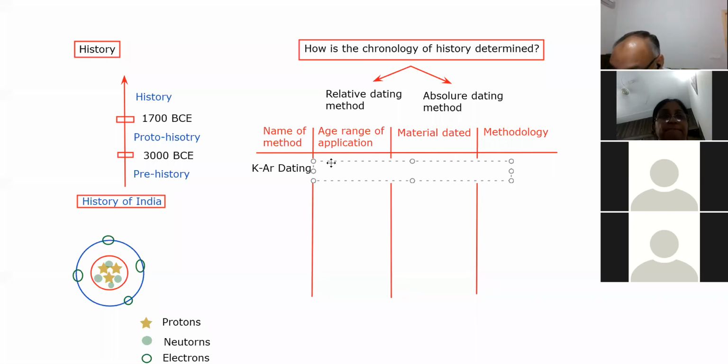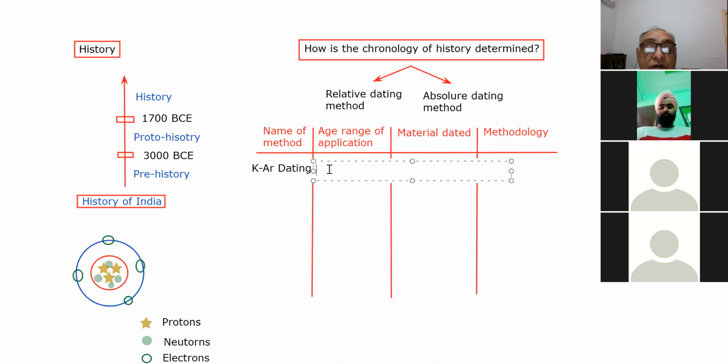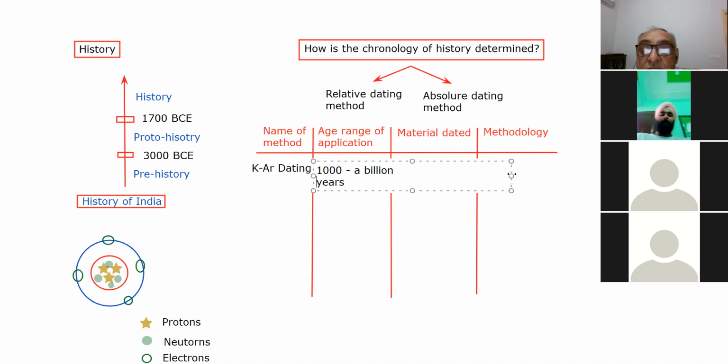This method is used for material which is from 1000 years to a billion years old. Wherever there is such a long life, we use this to measure it. From a thousand to a billion years, we use this to measure such old things.